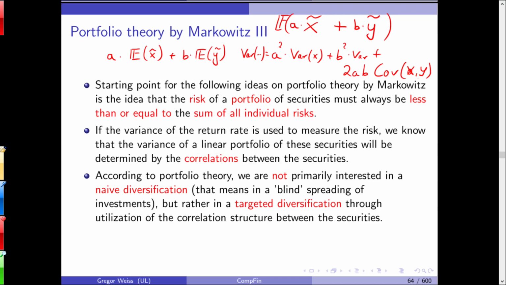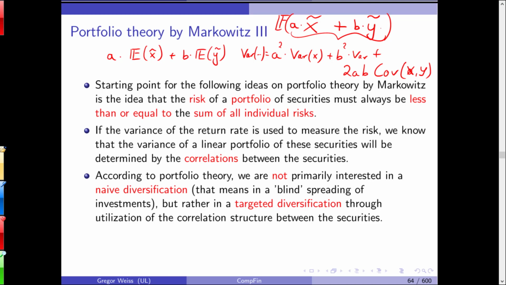And you can see that the variance of the portfolio will be determined by the variance or the volatility of the individual risks but also by the correlation or covariance between X and Y. This is why we need to look at correlations, and this is why diversification effects are driven by correlation and dependence between the constituent assets in a portfolio.